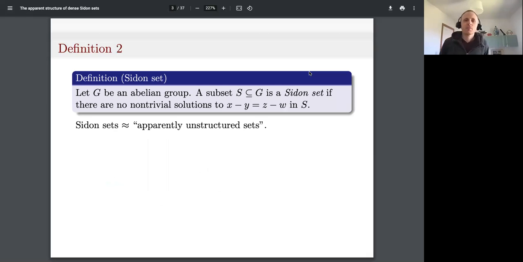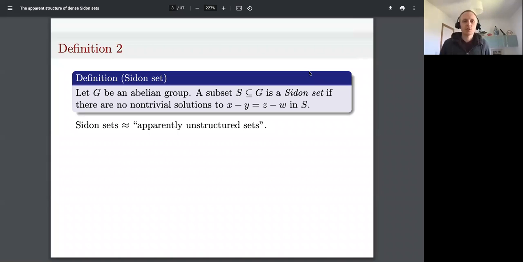The second definition is that of a Sidon set. Sidon sets are a pretty popular topic at this conference, I was happy to see. A Sidon set in this talk exists in an arbitrary abelian group G. A Sidon set S is a set where there are no solutions to x minus y equals z minus w other than the trivial ones.